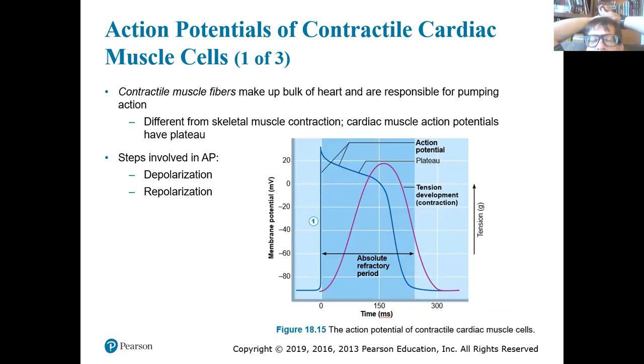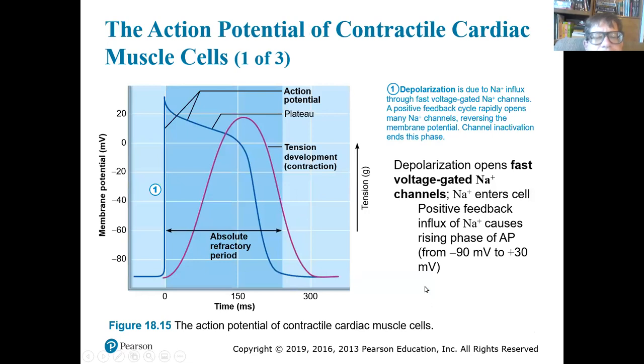What that means is once a fiber has fired, it has to wait longer than a skeletal muscle would to fire again. That's good. That's the rest when we let the heart fill. Anyway, we have a depolarization and a repolarization. Those are the parts of the action potential. Notice that in depolarization, bam, almost no time we've done the change in the membrane potential. Then we slowly go back to where we were for the next one.